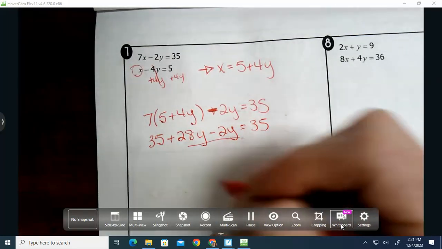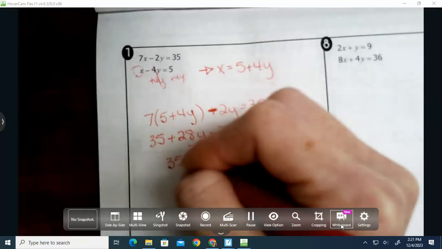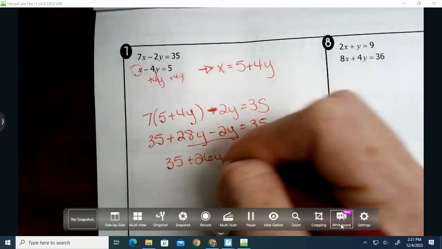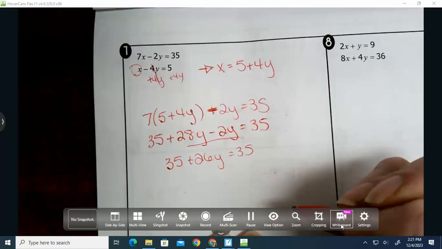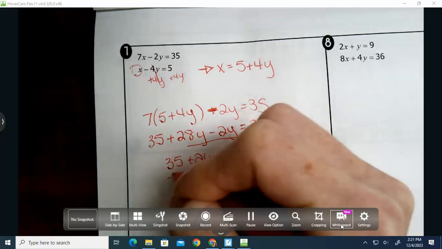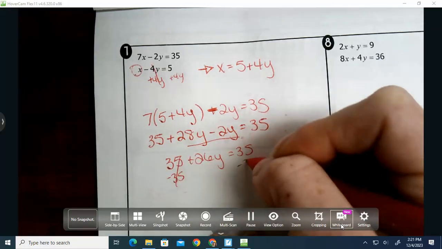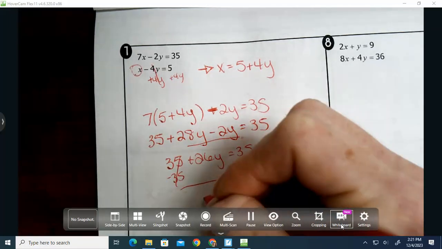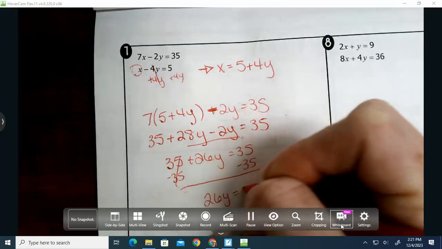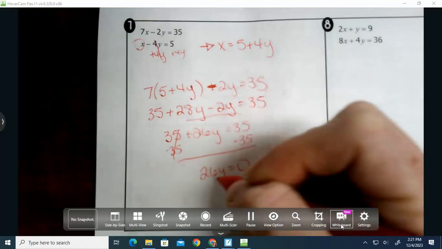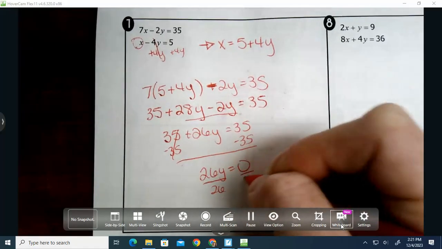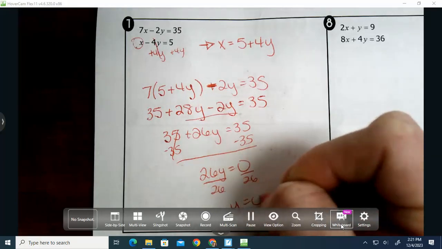28y minus 2y. I subtract my 35, we get 26y equals 0. Divide by 26 and y is 0.